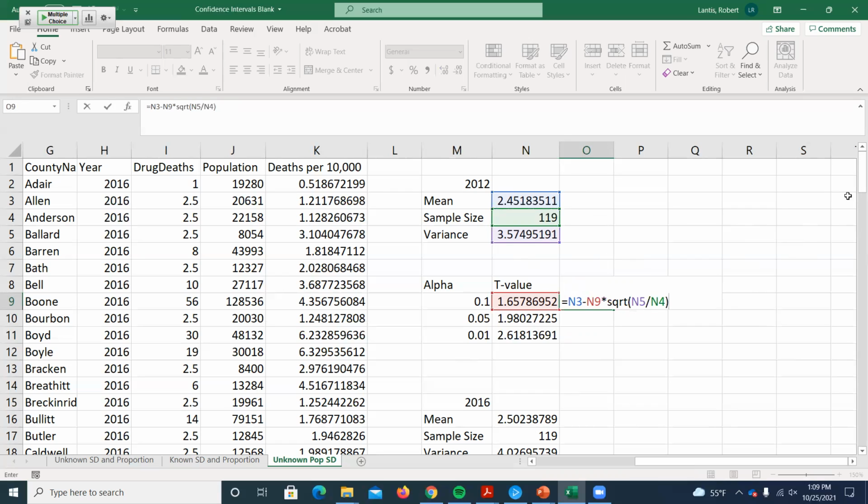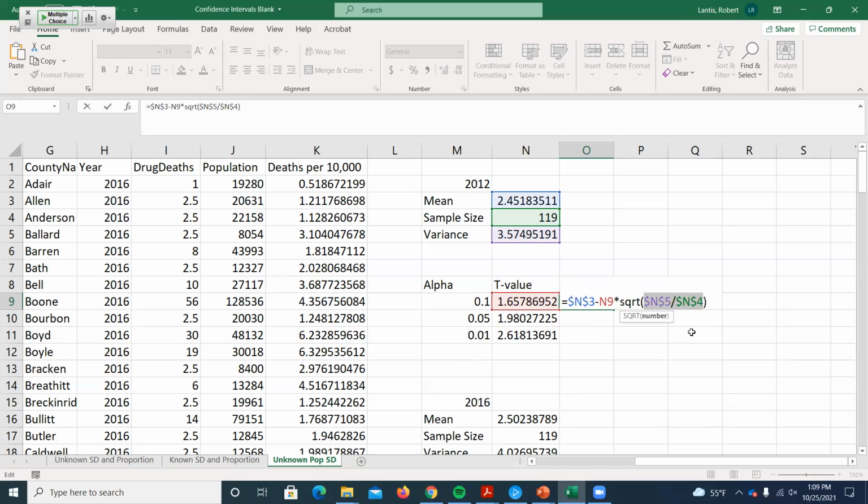Now, I want to be able to copy this down to get my lower bound for the next 2 confidence intervals. But the sample mean shouldn't change, sample size, sample variance shouldn't change. The only thing that I want to change is the number of standard deviations I need to go, so I want that t-value to change when I copy this down. So everything else, I'm going to freeze those cell references.